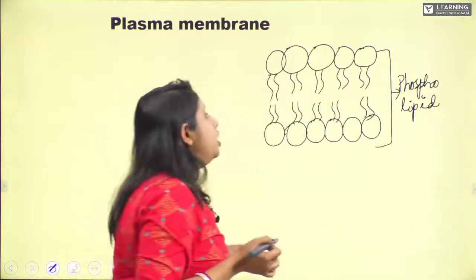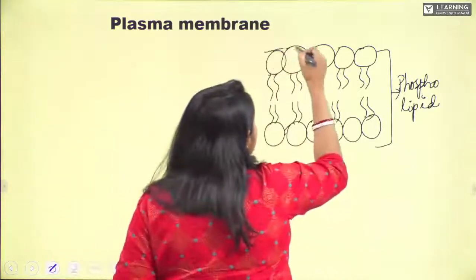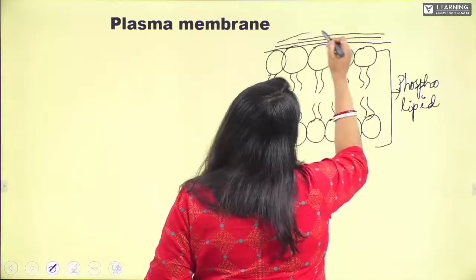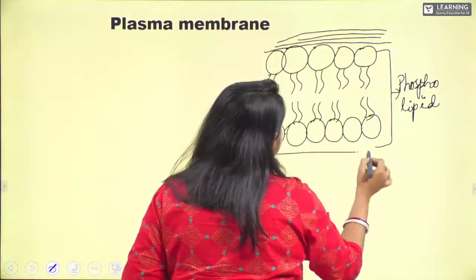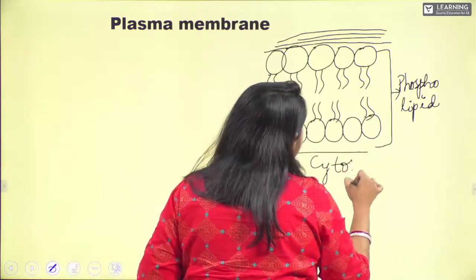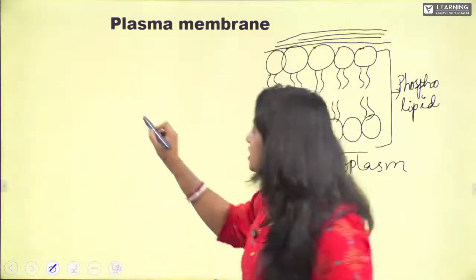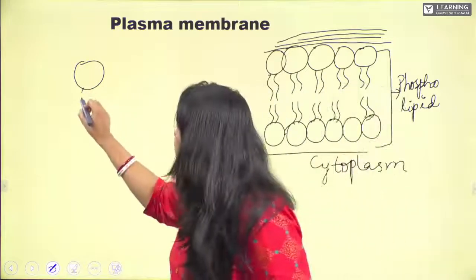As you can see, the plasma membrane communicates between the inside and the outside of the cell. The outside of the cell is the extracellular matrix, and this portion is the cytoplasm. This one is the phosphate group, and this one is the lipid.